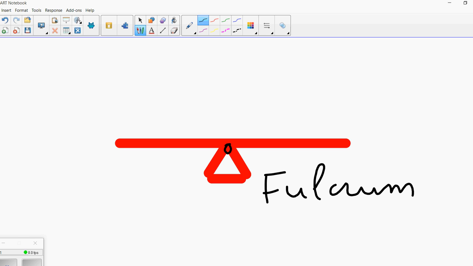And so it can turn that way, or it could also turn the other way. So clockwise in this case.